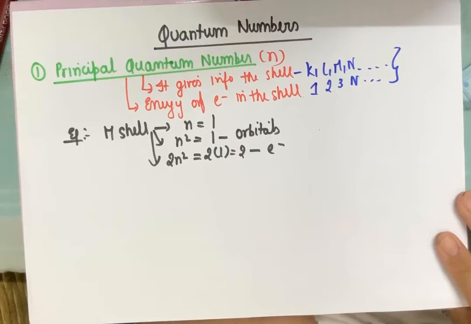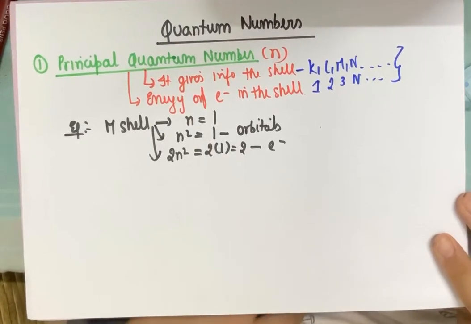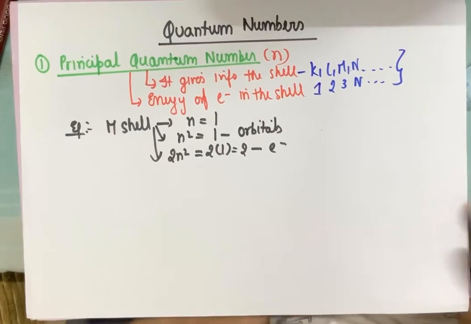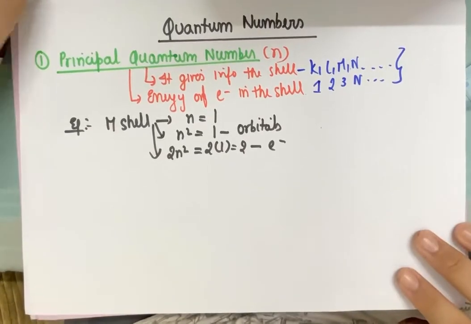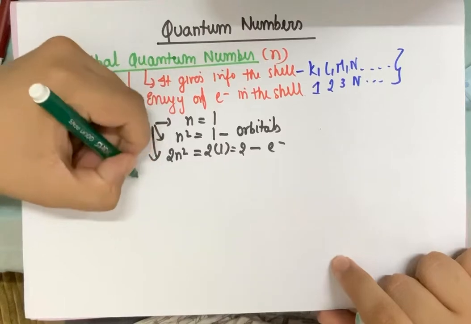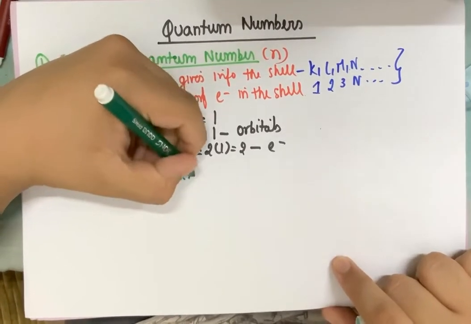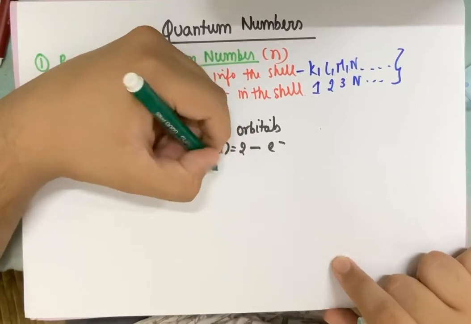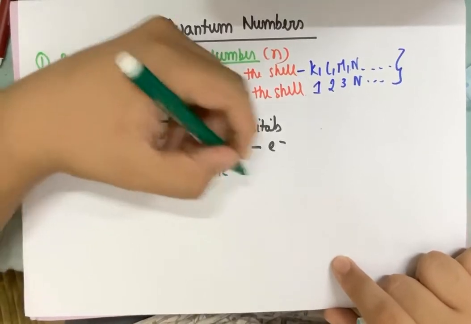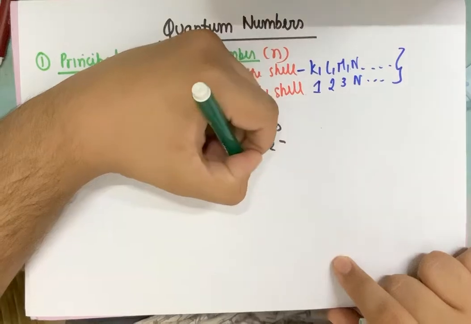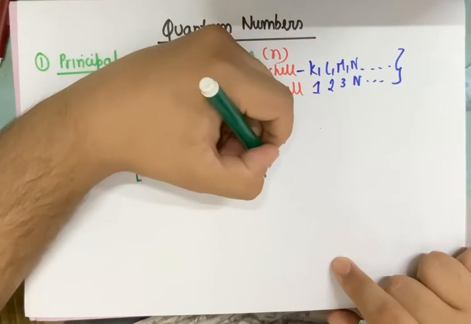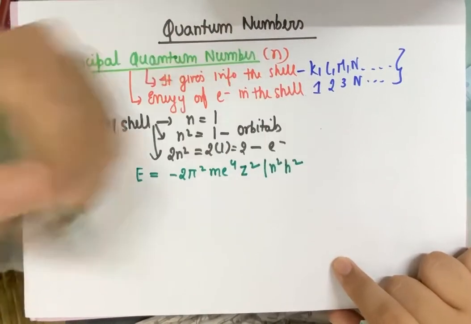Now with the help of the principal quantum number, as we all know, we can determine the energy as well. The calculation for energy is not given in the book, but there is a formula which I'll just quickly note down here: energy in the principal quantum number level is given by -2 pi square m e to the power of 4 Z square upon n square h square.